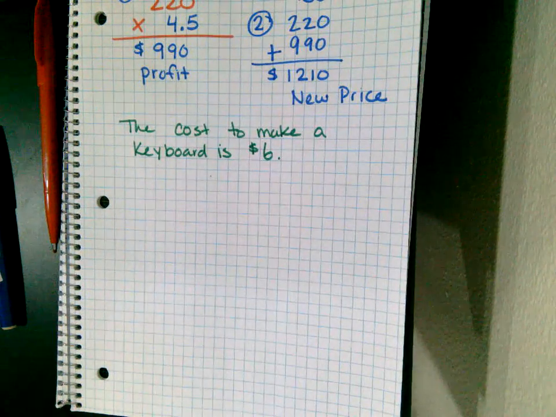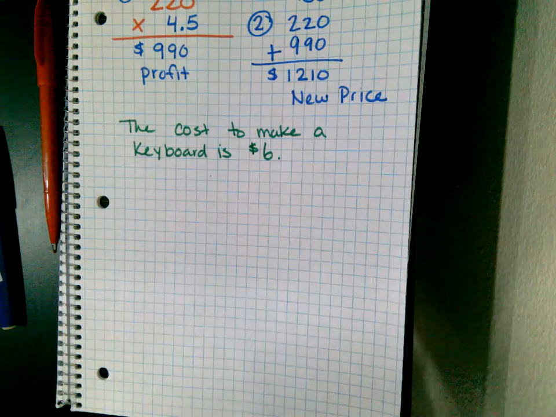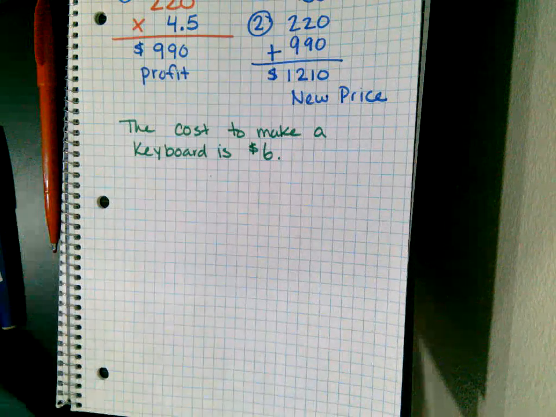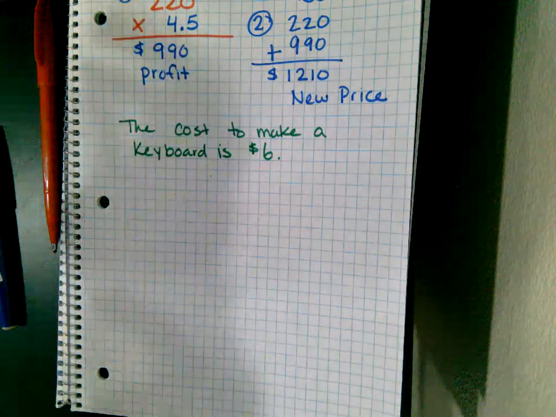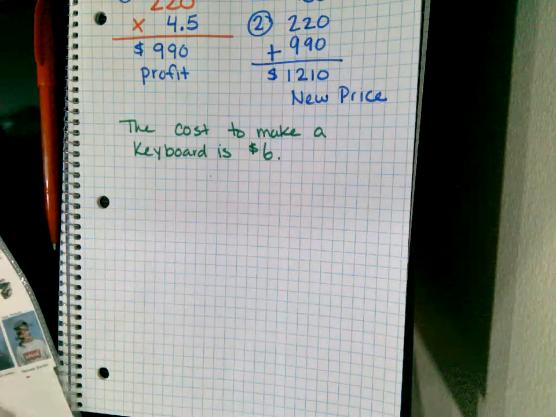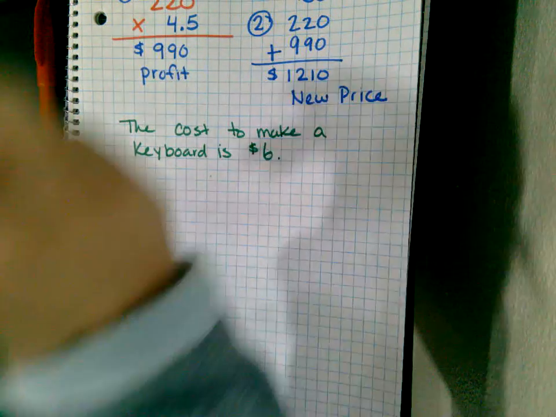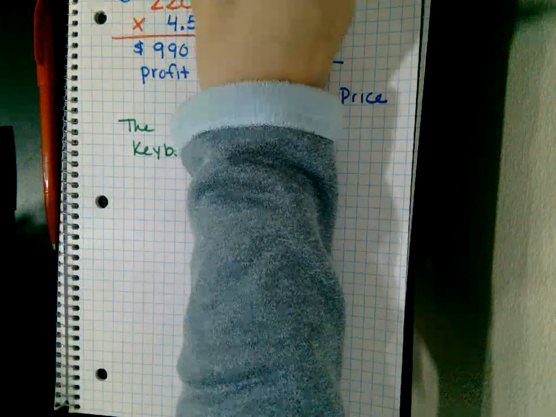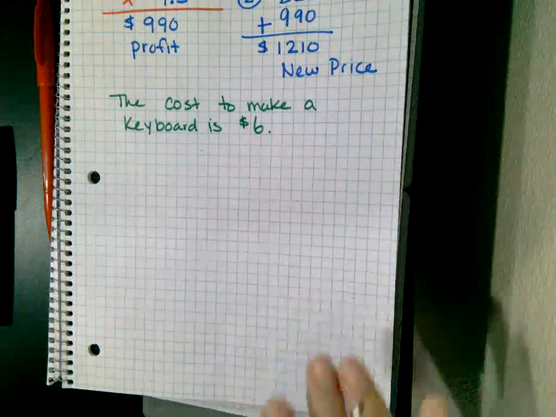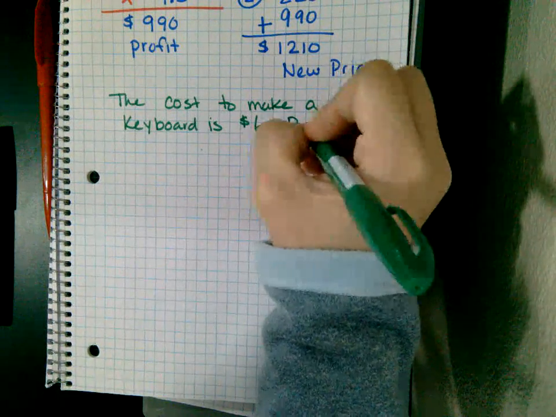So your standard keyboard, some of you have those fancy light up keyboards, right? They're all multicolored, super cool. But you know, your simple keyboard, let's say costs $6 to make.